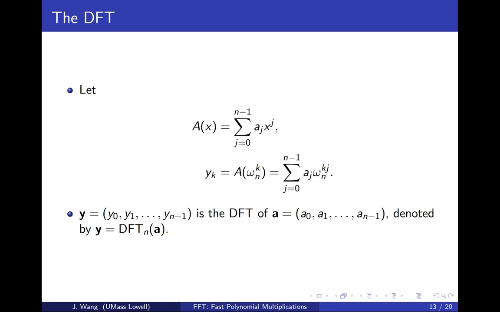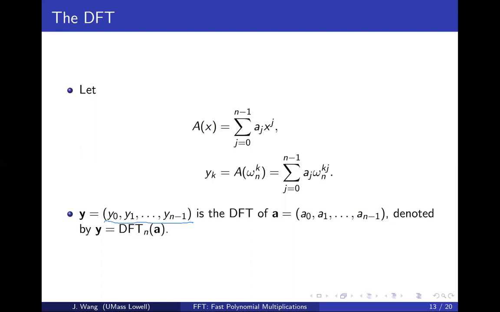So under these unit roots, the evaluated values y0 to y n minus 1 are called the discrete Fourier transform of this coefficient vector a0 up to a n minus 1.